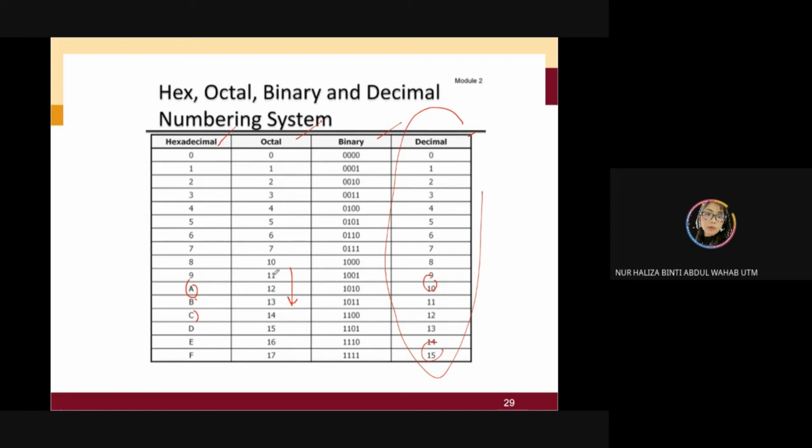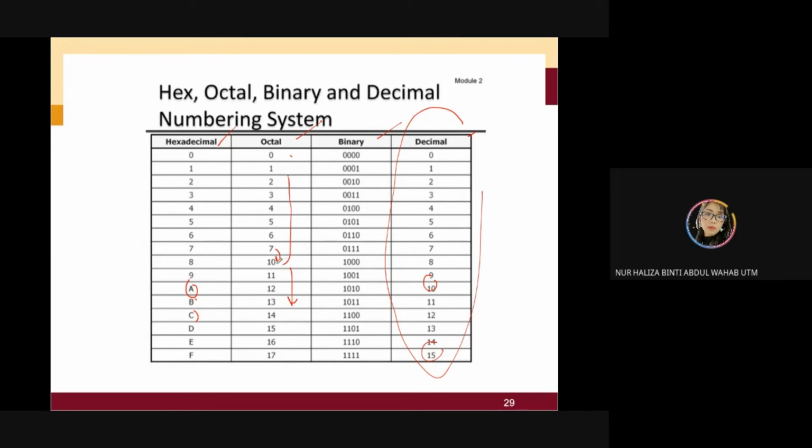You can see it will be 10, 11, 12. This one is not 11. This one is not 8. It will continue the numbering. You can see 10, 11, 12, 13. It is not ten, it's not eleven, it is not twelve. Why after 7 does it jump to 10 over here?